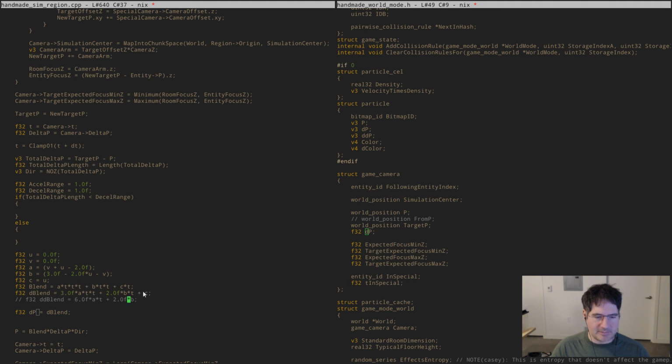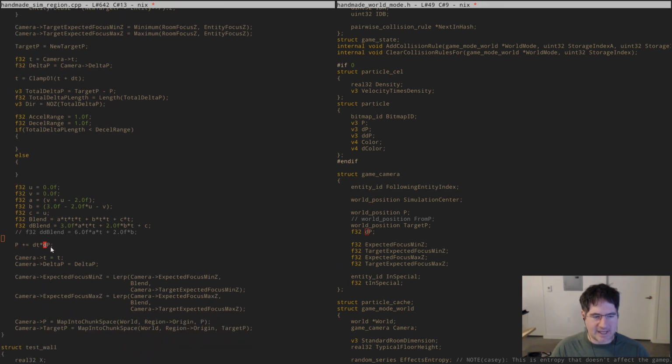Where we produce the D blend, and then we're always going to actually still be applying this as one of these. So we're going to take derivative-based steps. We're never going to try and look at the first order curve, or the zeroth order curve.